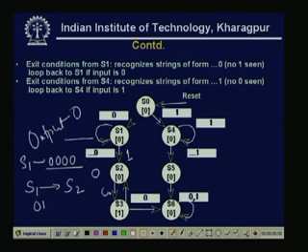Now again if a 0 comes, then only the output is 1. Now if a 1 comes, then again it returns back to the S2 state. If it is a 0, then it will go to the transition from S3 to S6. If we now see the other branches, that means when the transition occurs from S0 to S4, if a 1 input arrives, this 1 comes, output will be 0.